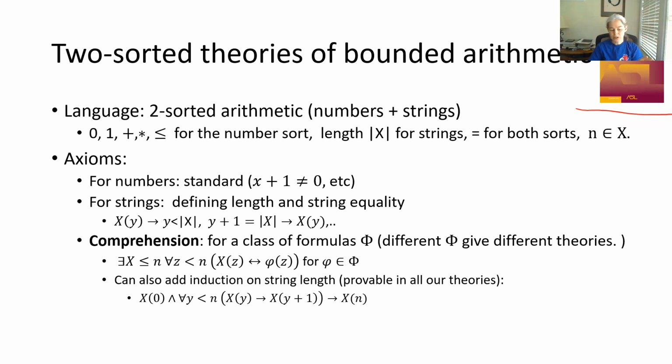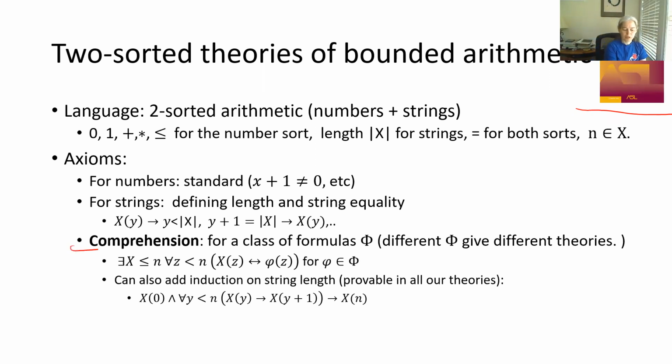So the standard definition for those theory series is you have standard axioms for numbers and strings. The only things you could do with strings are look at their lengths and check if the index i bit is 0 or 1.